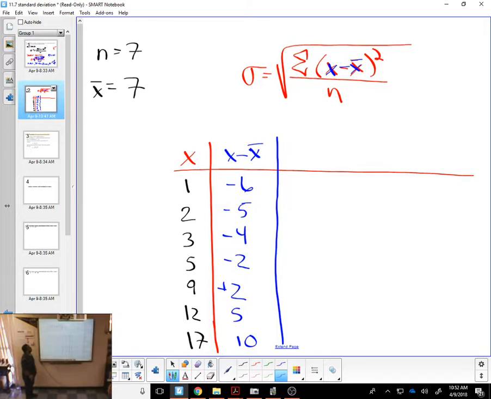On the next column, guess what I'm going to do? I don't want to add them yet. I want to make sure I square them so that there's no negatives in there. Right? Because remember, if I add up this column, what do I get? 0. When? Always. So the next column is simply going to be x minus x bar squared.